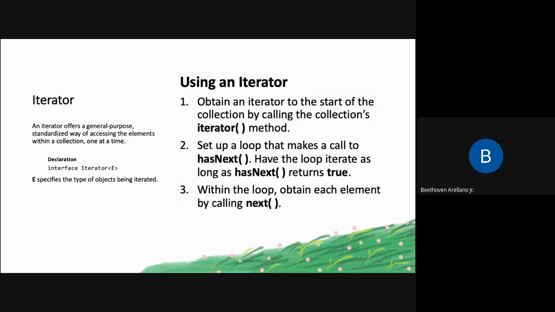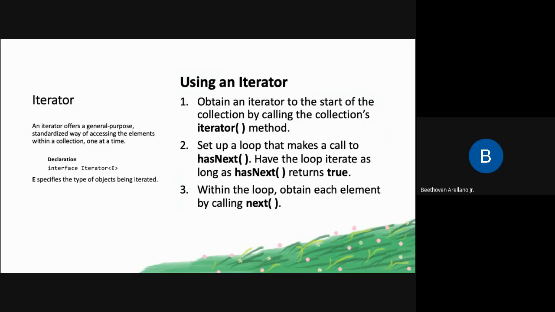Before you can access a collection through an iterator, you must obtain one. Each of the collection classes provides an iterator method that returns an iterator to the start of the collection. By using this iterator object, you can access each element in the collection, one element at a time.